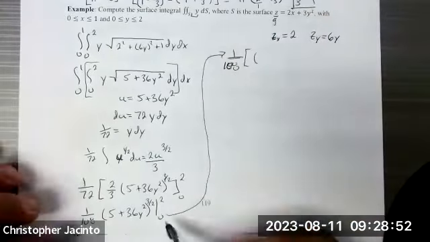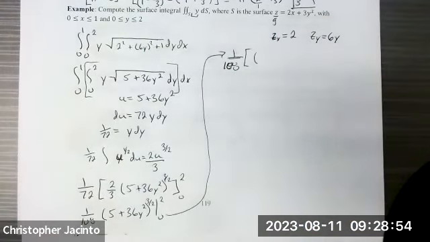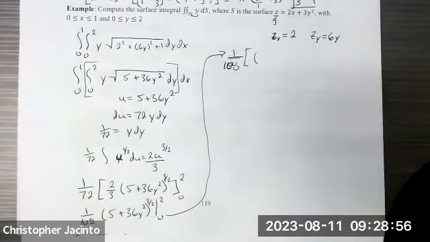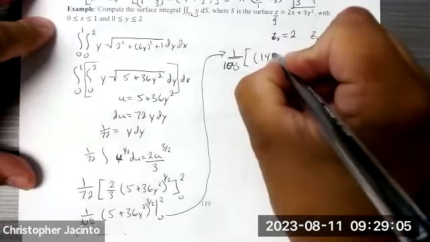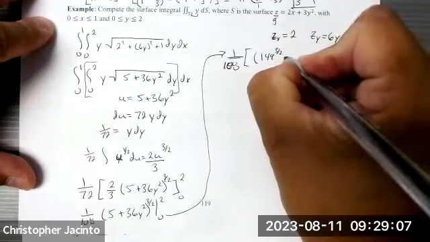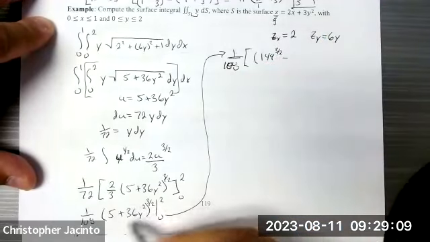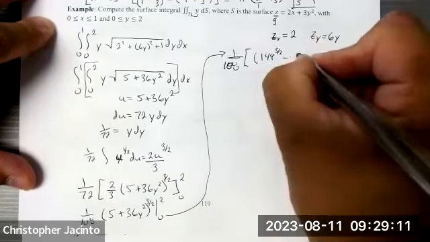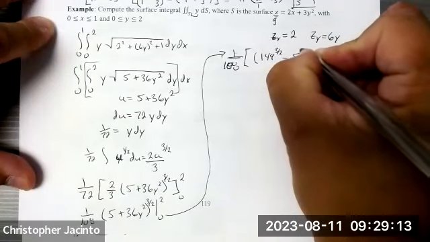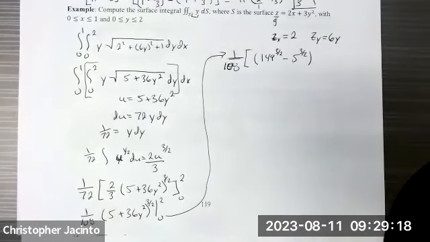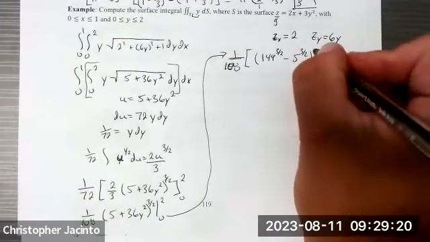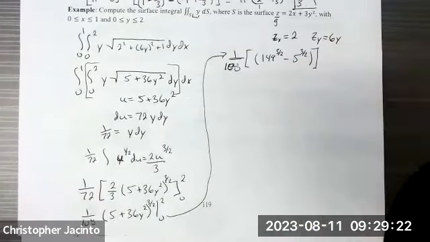Okay. So if I plug in 2, I get 2 squared is 4, and then 4 times 36 is 144 plus 5. This is 149. So this is going to be 149 to the 3/2, minus, when I plug in 0, this all goes away, so I just get 5 to the 3/2. All right, let's see what we get.